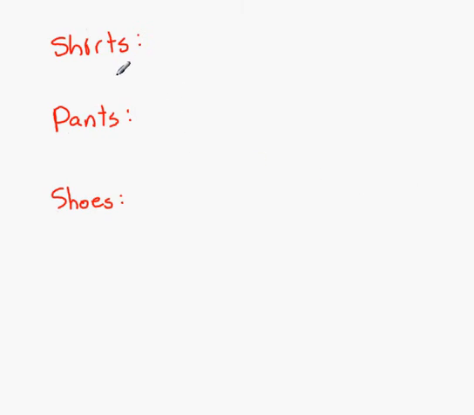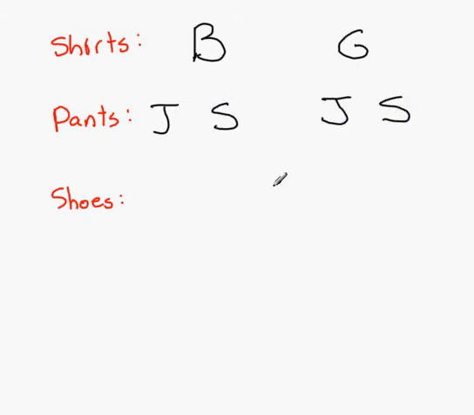Another way to look at this is getting dressed. How many possible outfits could you have? Let's say you want to look at shirts and you want to have either a blue shirt or a green shirt. And with pants, do you want to wear jeans or sweatpants? So that'd be jeans or sweats. And shoes, do you want to wear tennis shoes or sandals?